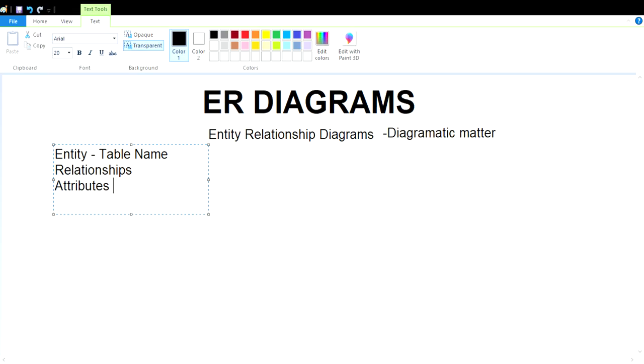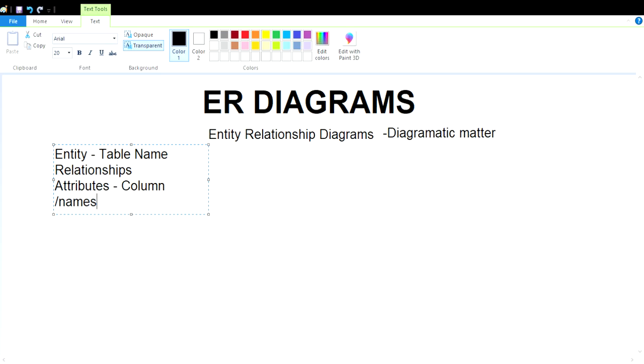For example, we can take a college database. In that we will have a faculty table and a student table. There may be some interaction, maybe the subject or department related things have similarities, and we can attach them. That is a relationship, whether there are any relationships or not. We will discuss that in the relationships. And the next one, attributes, are column names.